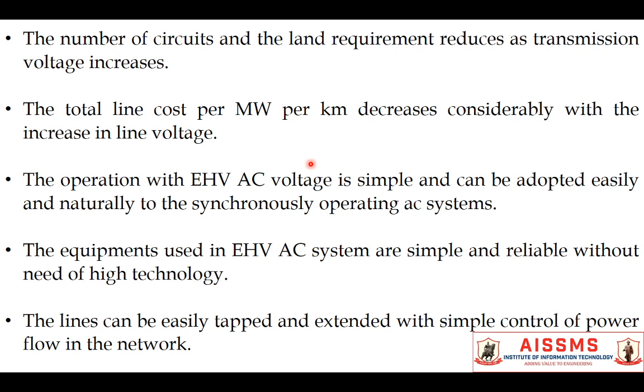The equipment used in the EHV AC system is simple and reliable without need of high technology. The lines can be easily tapped and extended with simple control of power flow in the network. So these are some of the advantages of EHV AC transmission.